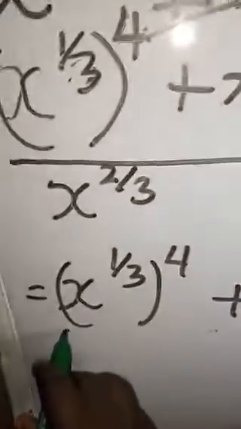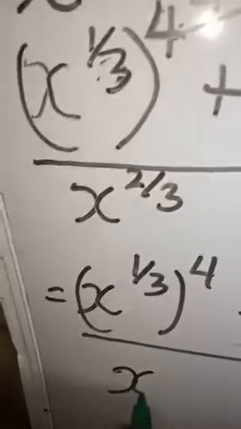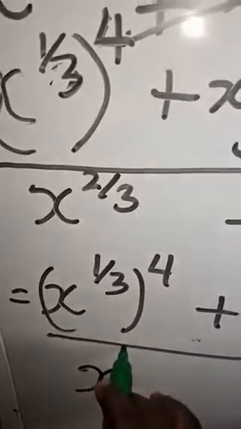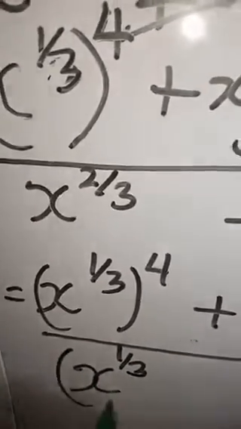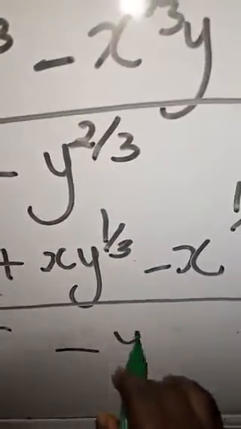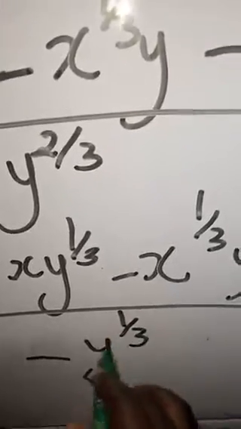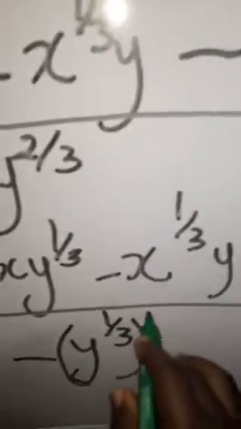So down here, I want to write this x raised to power 2 over 3 as x raised to power 1 over 3 raised to power 2 minus y raised to power 1 over 3 raised to power 2.